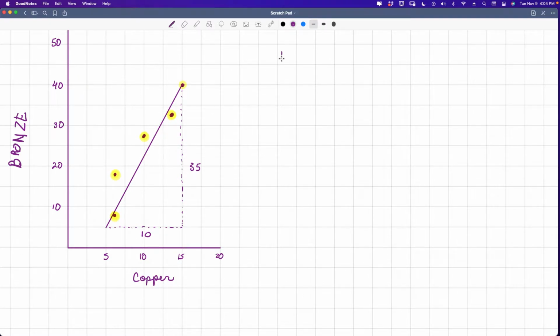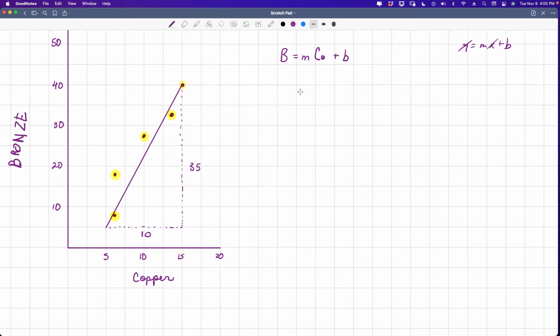So that means B for bronze equals the slope, and the periodic symbol for copper is Cu. The slope of Cu plus b, right? We recognize that as y equals mx plus b. We're replacing the y with bronze and the x with copper. That's all we're doing, and it's the same formula.